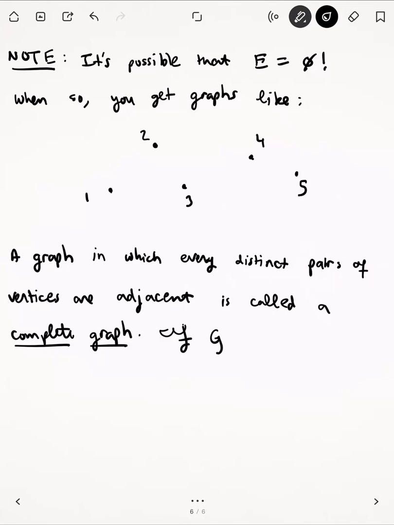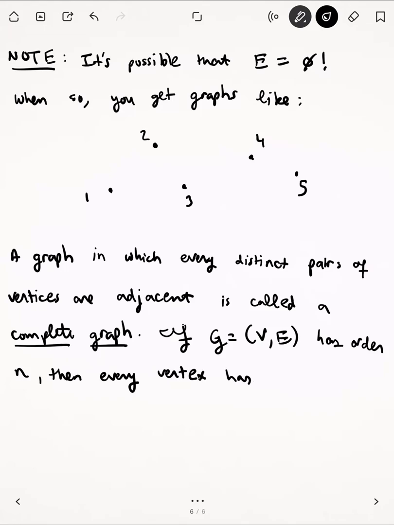If G, a graph, has order n, which again means that there are n vertices, then every vertex has degree n minus 1.